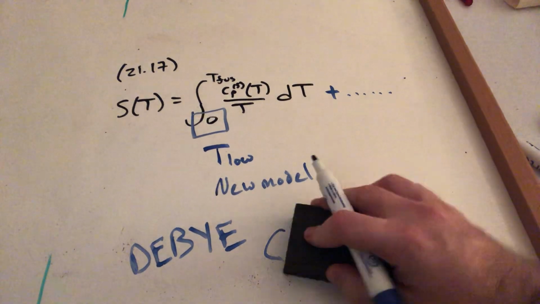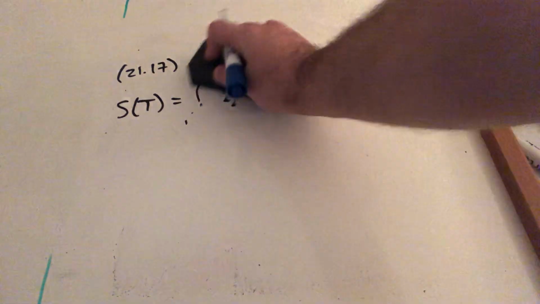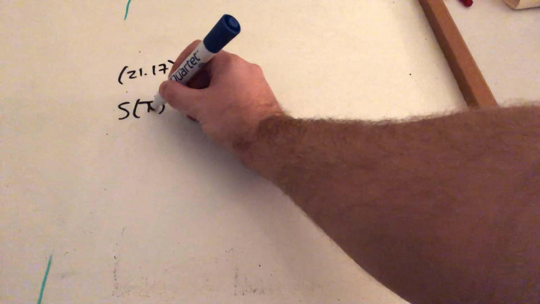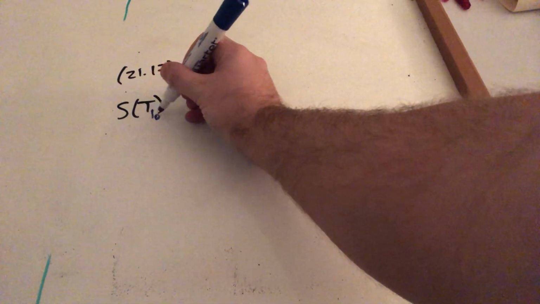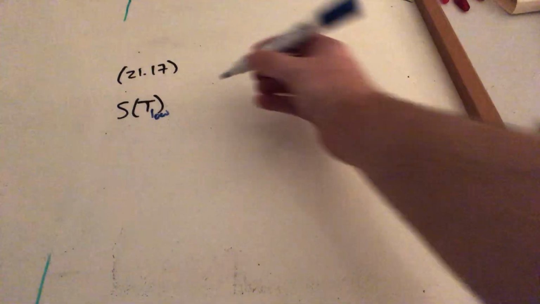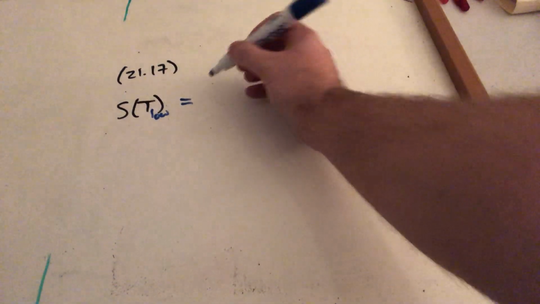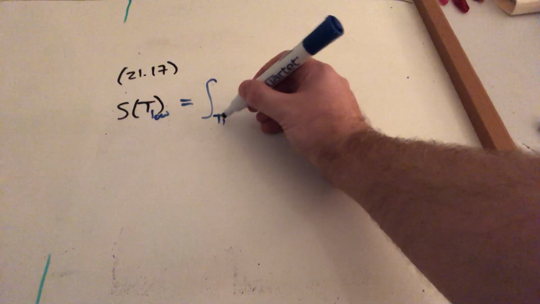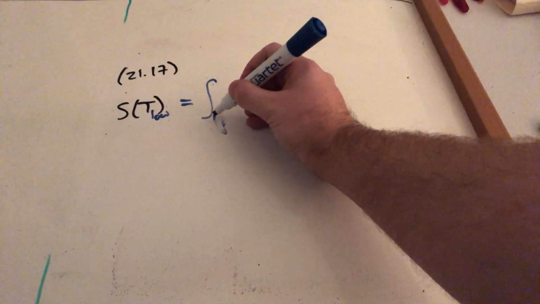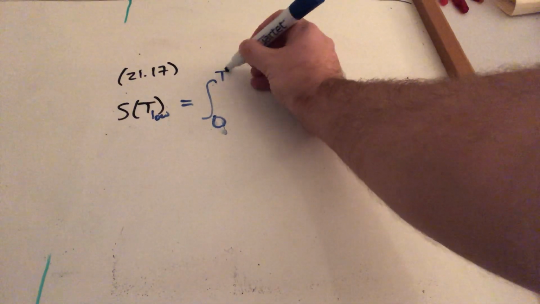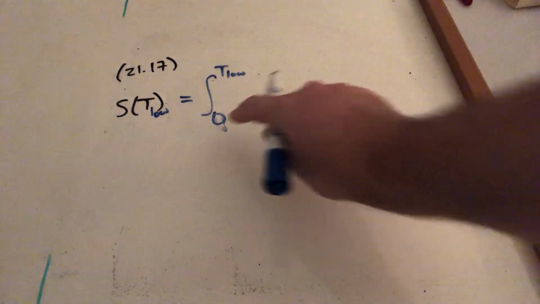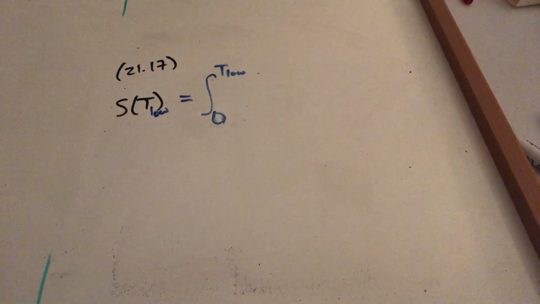So let's focus on there, and let's write in what alpha actually is. Let's just look at that extra part that we have to add. What is that entropy up until that low temperature that we would have to calculate to put into our formula? Well, as I just got done saying, we go from 0, now not all the way up to T fusion or the melting point, but from 0 to T low.